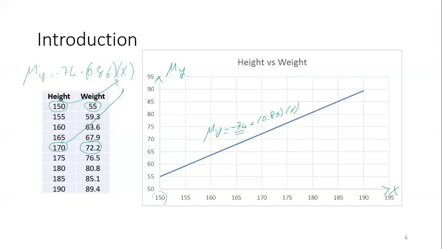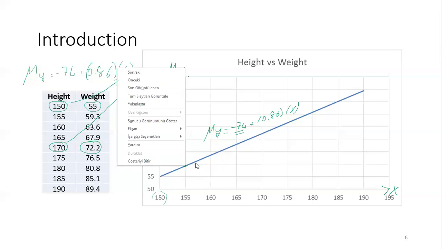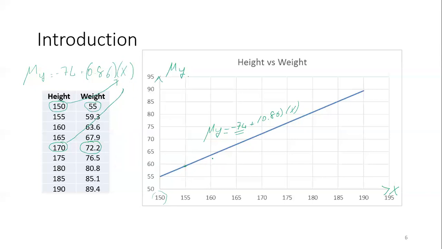When 155, you have almost 60, which is 59.3. If you have 160, this is 63.6.